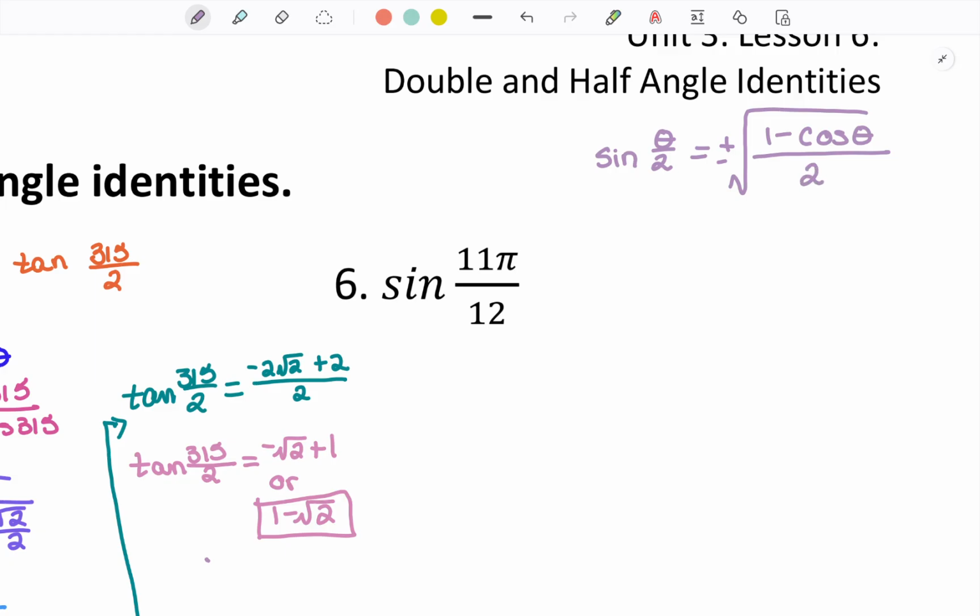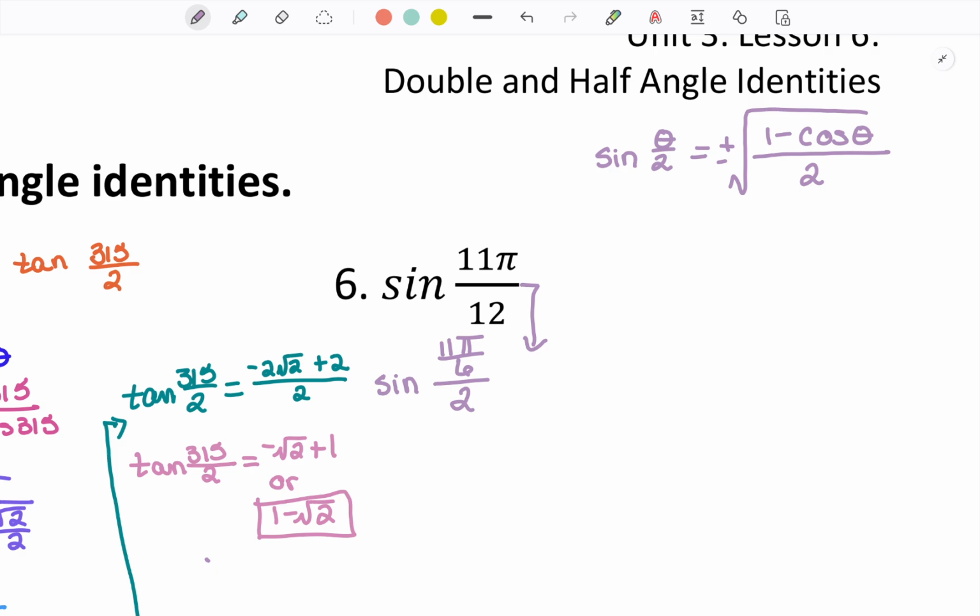So we are looking at using the sine of 11 pi over 6 divided by 2. What I did here was cut that denominator in half, because remember, that makes your pieces twice as big, so it gives you double the quantity.